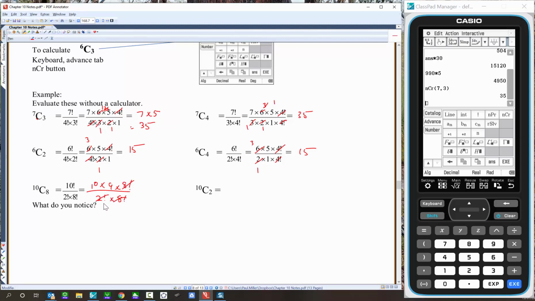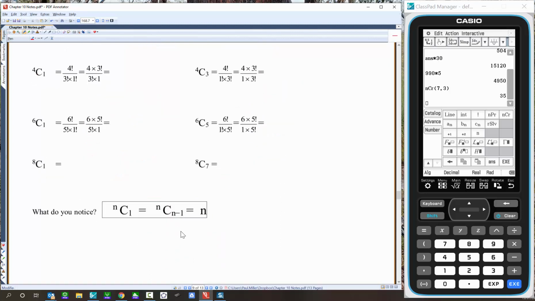That's 2 times 1, so that's 1, 5, 45. Can you guess what this one is? It's going to be 45 as well. What did you notice? If I've got 7 choose 3 and 7 choose 4, on either side of this I'm going to get the same amounts. Now, that'll be an interesting property that we explore a bit later on.